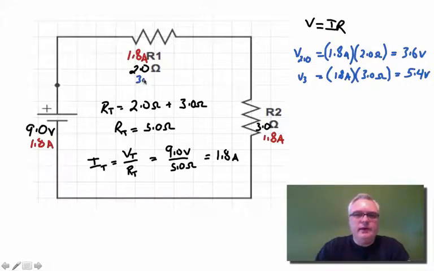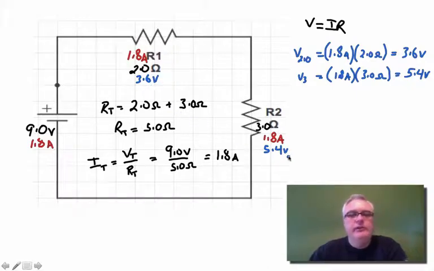I often like to write them as I've calculated them so I know which ones I've done and which ones I still have to do. What you should notice is that I have 9 volts of potential, and the potential that's dropped in each of these resistors. So the energy used up by this resistor is 3.6 volts. The same thing over here, 5.4 volts.